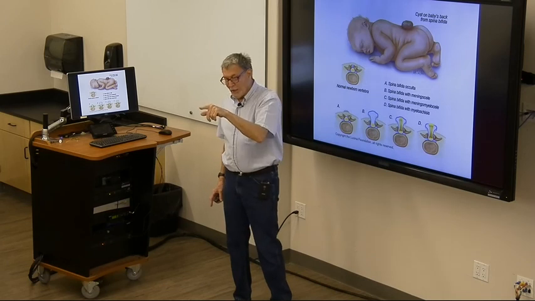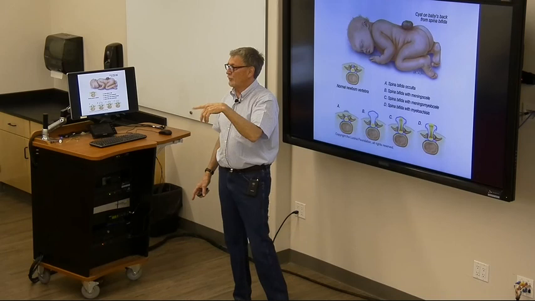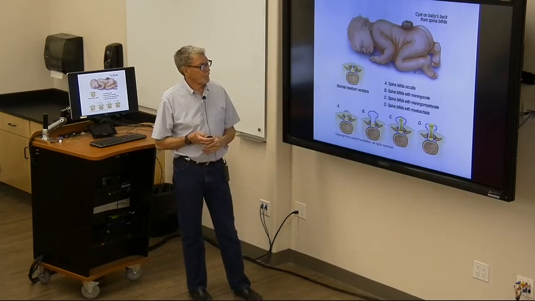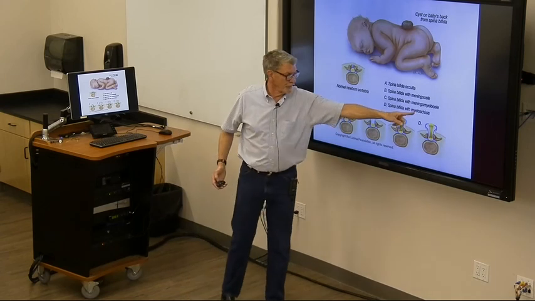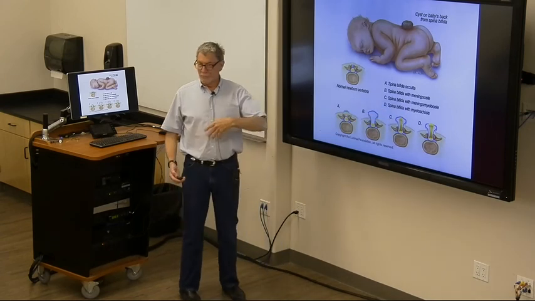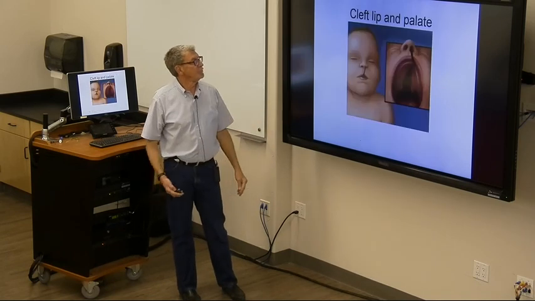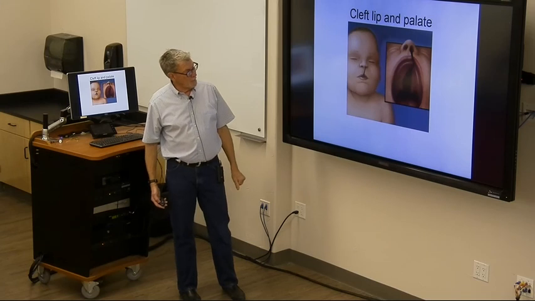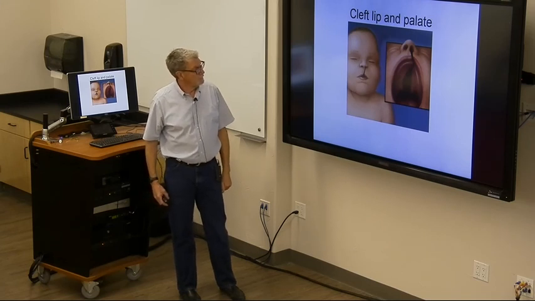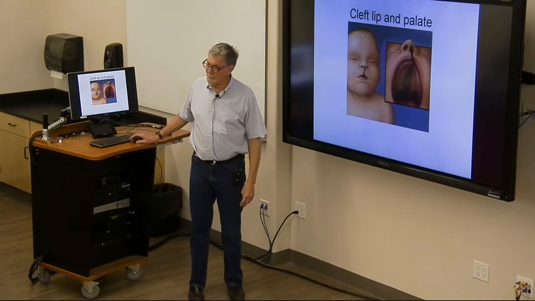So a herniation in the spinal meninges, spina bifida. Myeloschisis means part of it's outside, right? Gastroschisis, cranioschisis. Cleft lip and cleft palate. In this case, the kid has both.